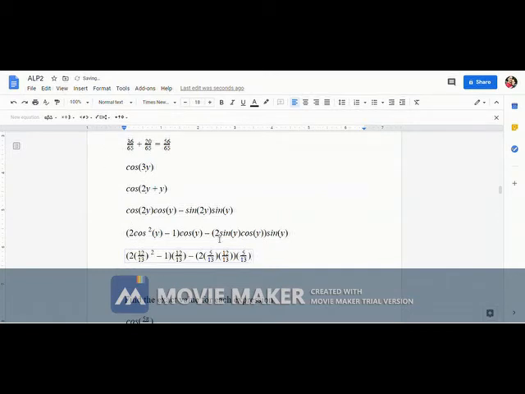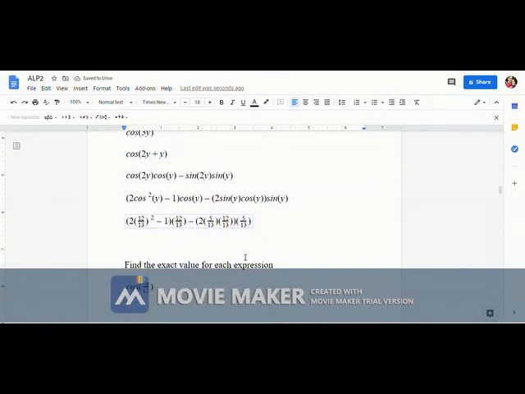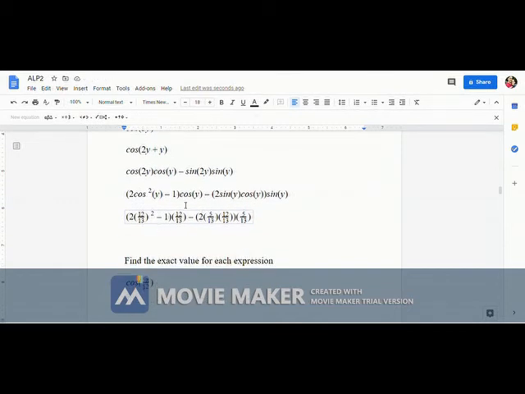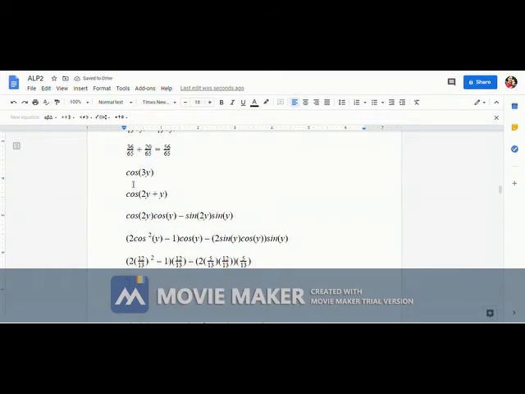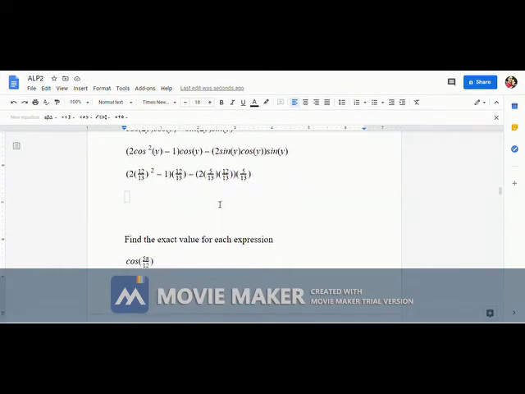Alright, now we have it written all without any cosines or sines of y, so we can just do simpler math to reduce this, and then we'll get an exact value for cosine of 3y.